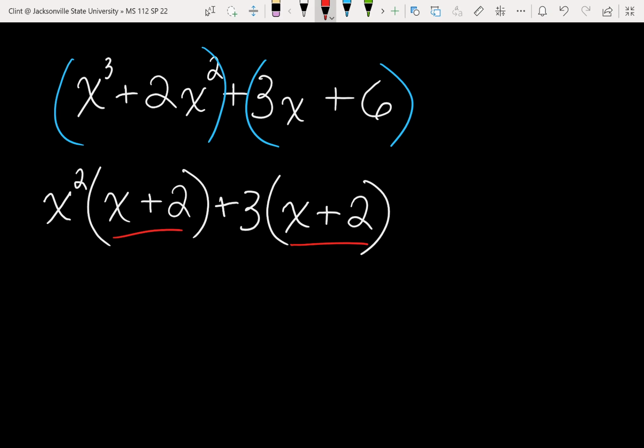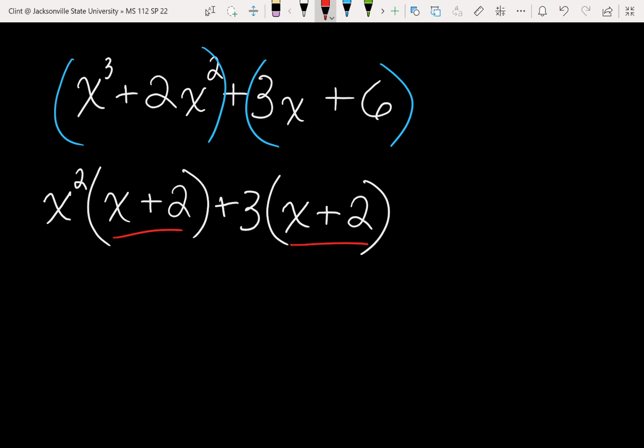The stuff up to that plus sign by the 3 is one term, and after the plus sign in front of the 3, we've got another term. So we've got a product plus another product.